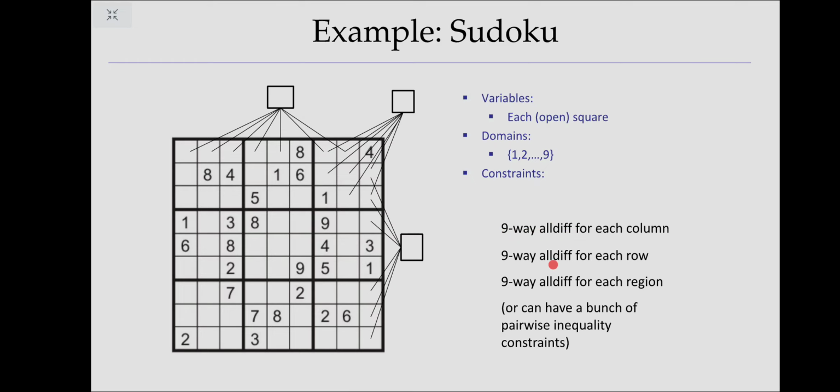Second type, 9 ways are different for each row. Again, for any row, take the values. If they are repeated, return false. Otherwise, return true. And the last one, for a subgrid of 3 by 3, take all different.